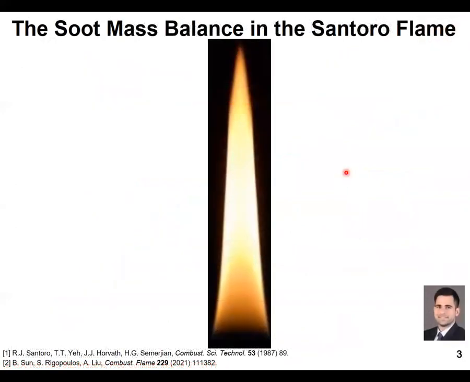In this regard, combustion models cannot close the soot mass balance in diffusion flames, not even in the well-known diffusion ethylene flame that was introduced originally by Santoro and coworkers.